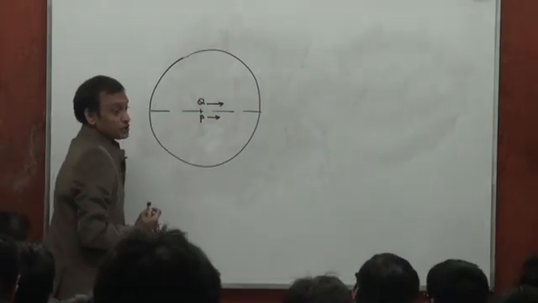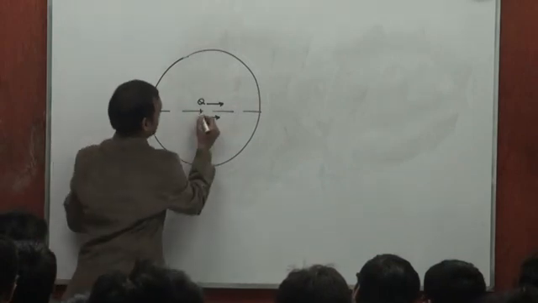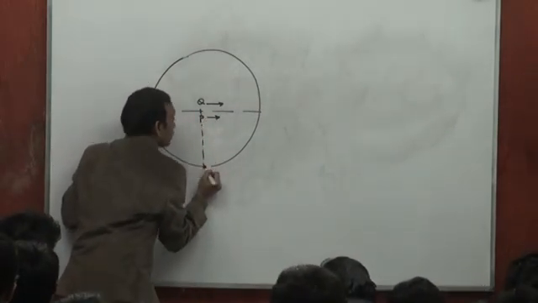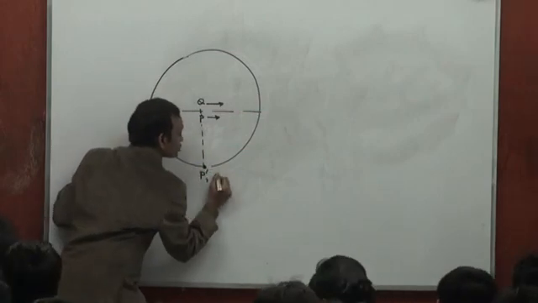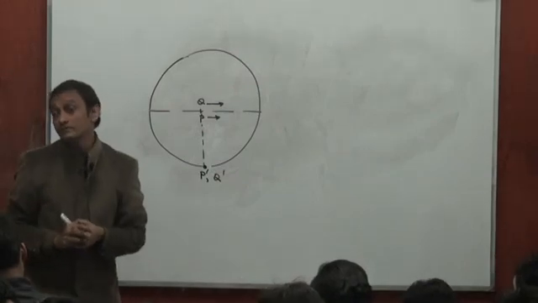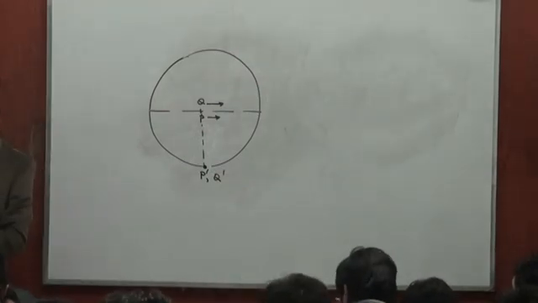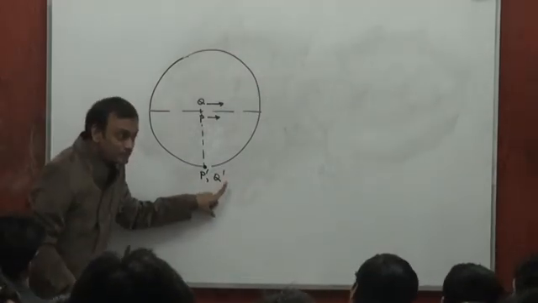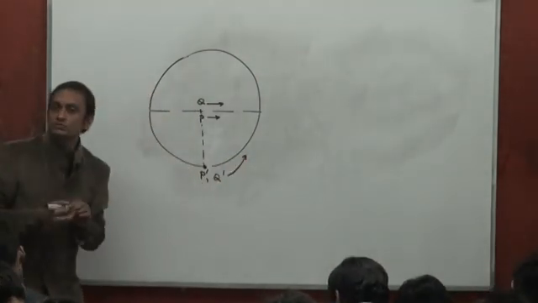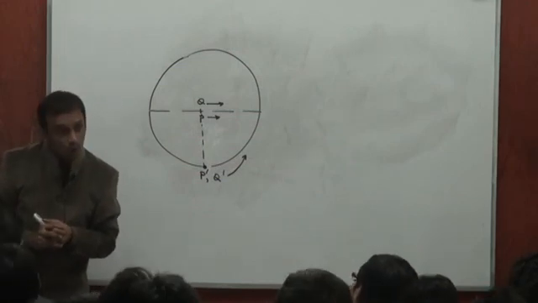Do you then realize that their corresponding points on the auxiliary circle, P prime and Q prime, would be at the same point, right? And these points would be moving in this direction, yes or no?